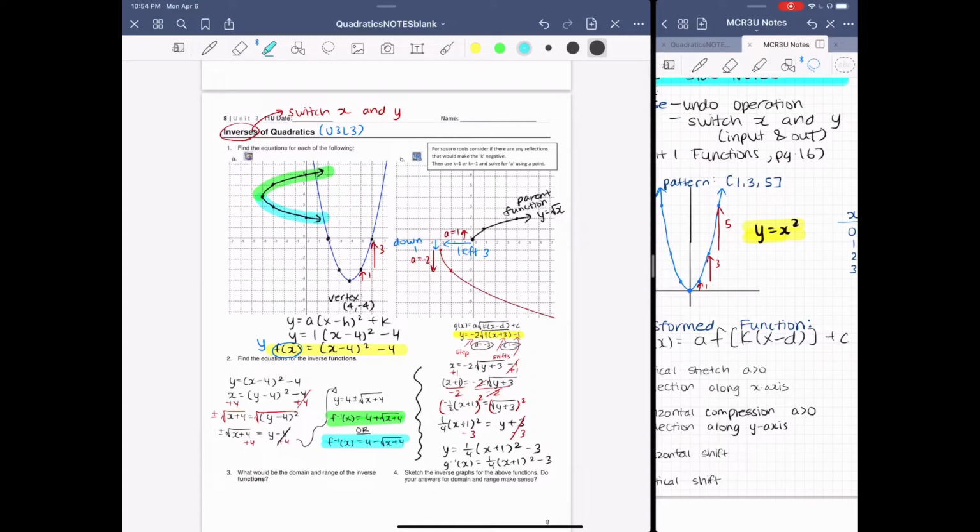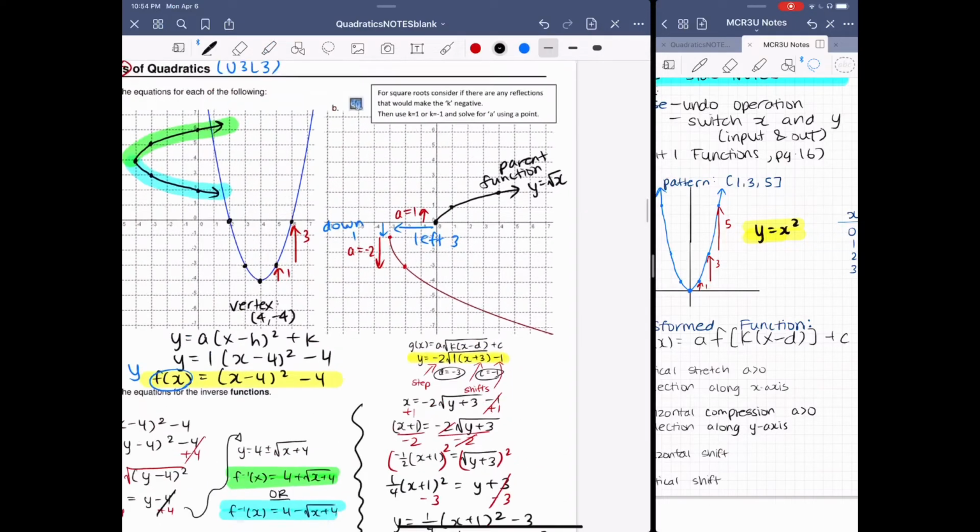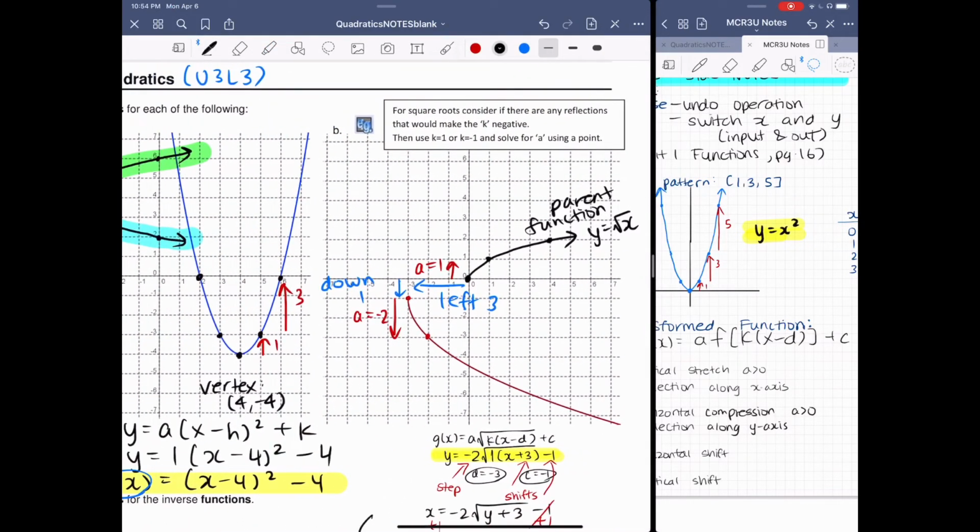So for part B, let's draw the inverse of the red graph. Okay, so same idea. I have -3 comma -1 as my coordinate. So reverse that, I have -1 comma -3. So right here.